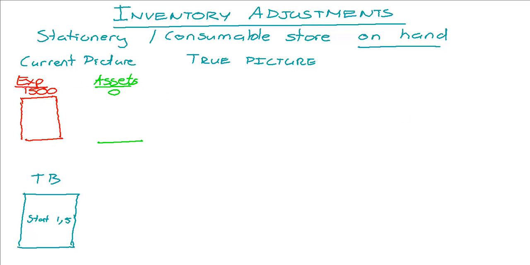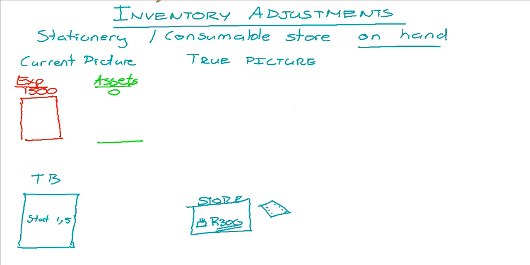The true picture may be that when we get to the end of the year, 31st of December, we go and we do a stock count. We go to our little storeroom again and we find, we do our stock count. There's my list and I count all the stationery and I find that actually there is 300 Rand worth of stationery. There's my pens and etc. 300 Rand that is still in the storeroom.